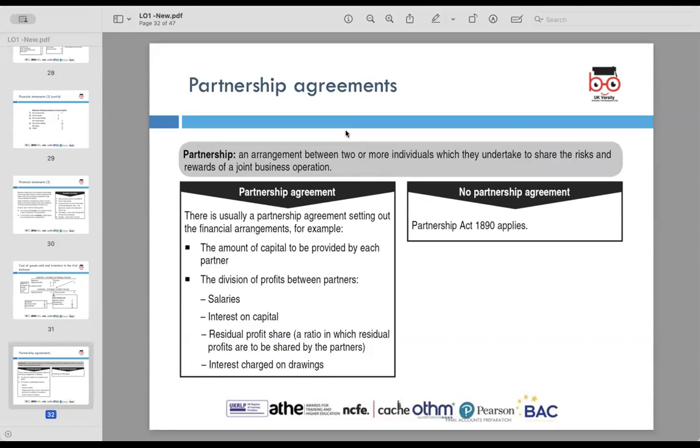Importance of partnership agreement: clarity and governance. A well-drafted partnership agreement clarifies the rights and responsibilities of each partner. Partners must adhere to the terms set out in their agreement and comply with legal requirements to ensure transparency and accountability.